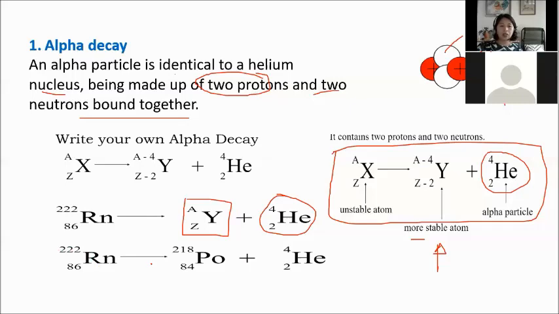Then let's subtract 4 from 222. That gives us 218. And let us subtract 2 from 86. That gives us 84. And identify what is 84 in the periodic table. That's polonium. More stable siya kaysa Rn.